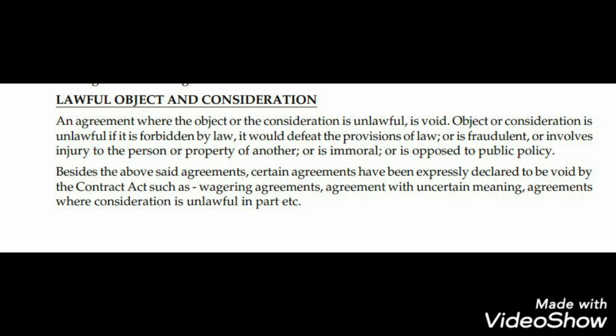Based on the above, certain agreements have been expressly declared void by the Contract Act, such as wagering agreements, agreements with uncertain meaning, and agreements where consideration is unlawful in part.